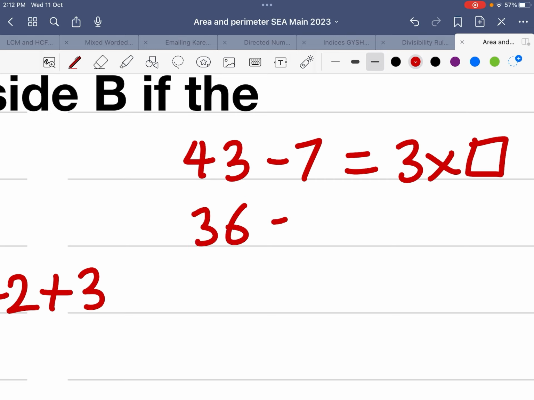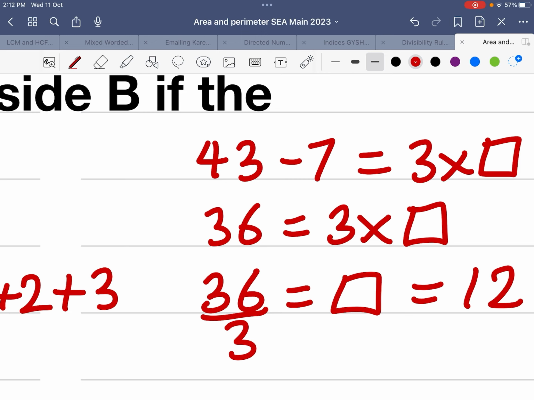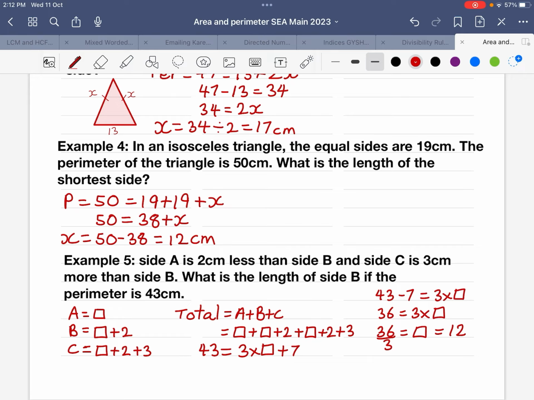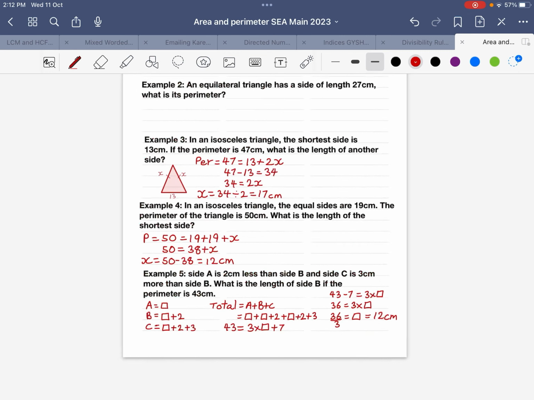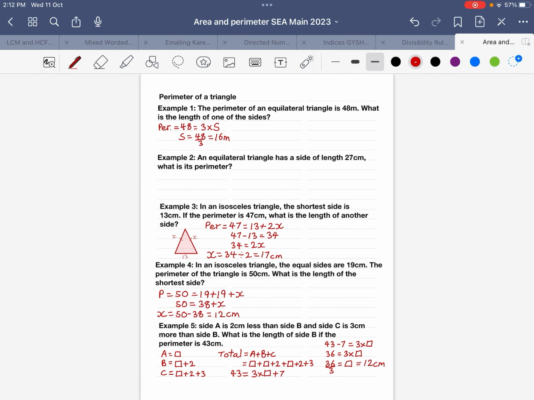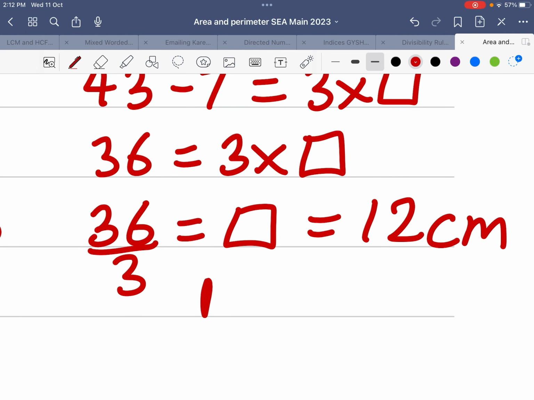So 36 is equal to the 3 boxes. 36 divided by 3 will give us the value of 1 box. And this will be 12. So that's 12 centimeters. What is the length of the side B? So B will be 12 plus 2, which is 14 centimeters.